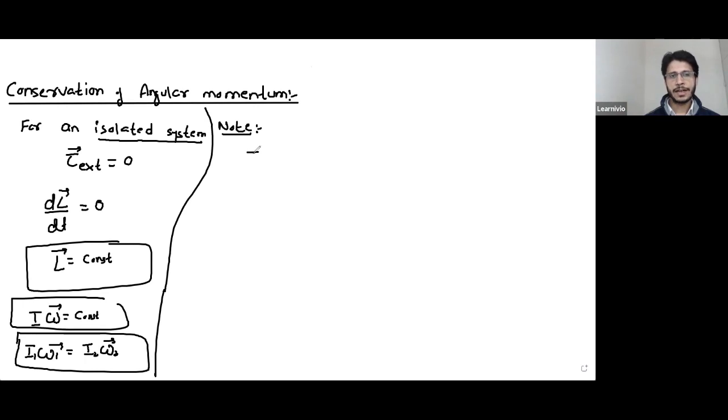So if I say that I into omega is constant, for the sake of clarity, I'm giving it a constant number. I'm saying that I into omega is, let's say, 6. If I'm saying that I into omega is constant, it doesn't mean that I is constant.